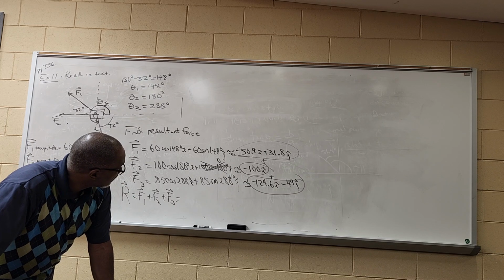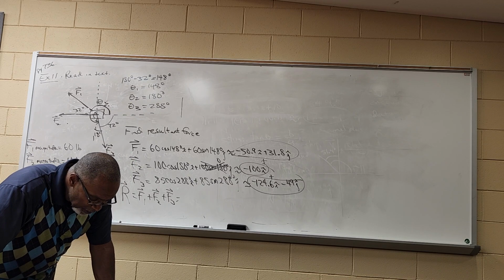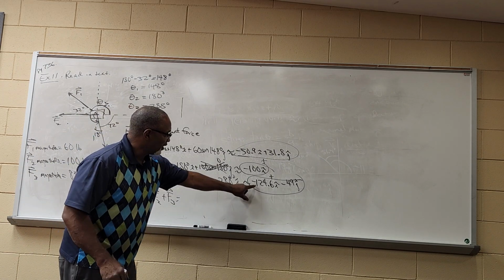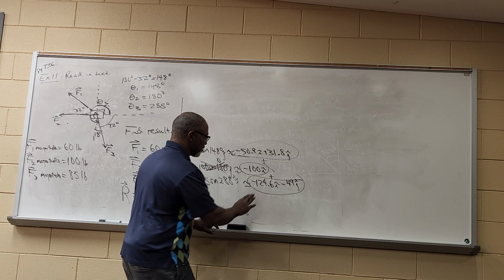One of them should have been positive. Yeah, F3 was 26.3. F3, I did this wrong. F3 was 26.3, I'm sorry.